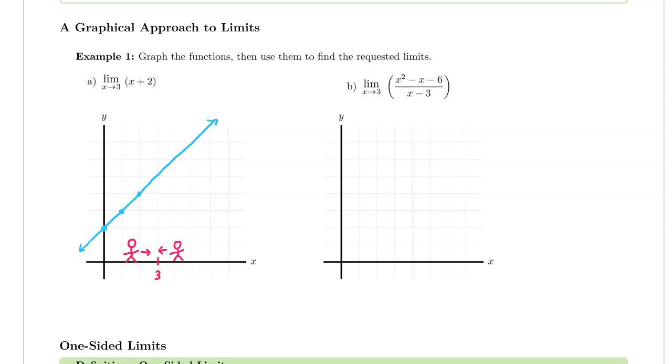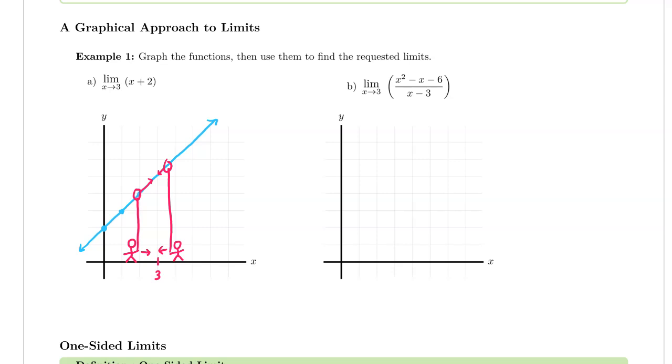And both of these people are holding balloons. And these balloons are only moving along the function's graph, or the curve. So if the balloon is moving closer and closer to here, we can think about the limit as being the y value that the balloon is approaching and getting closer and closer to.